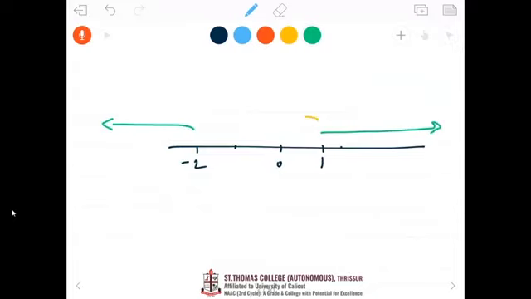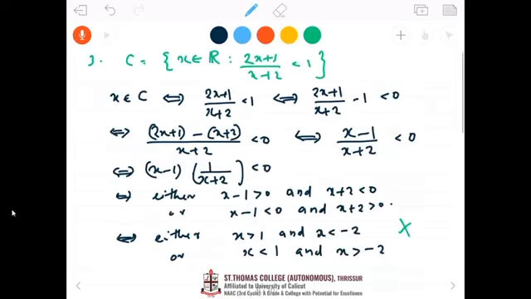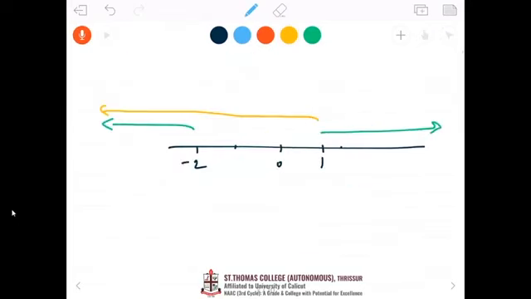Now the second one, x is less than 1 and x is greater than minus 2. Both of them happen at the same time if x lies between minus 2 and 1. Okay.